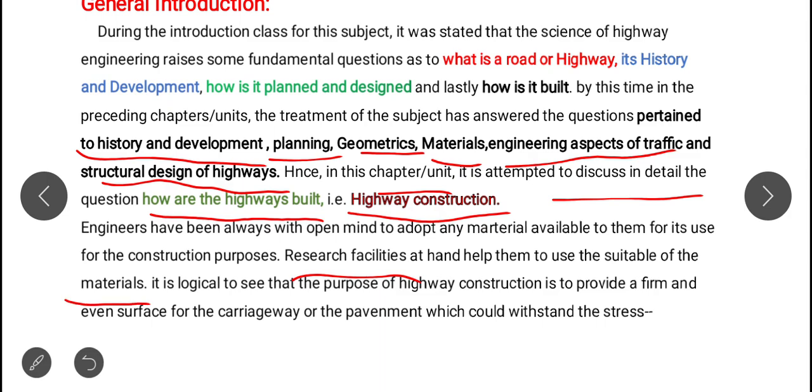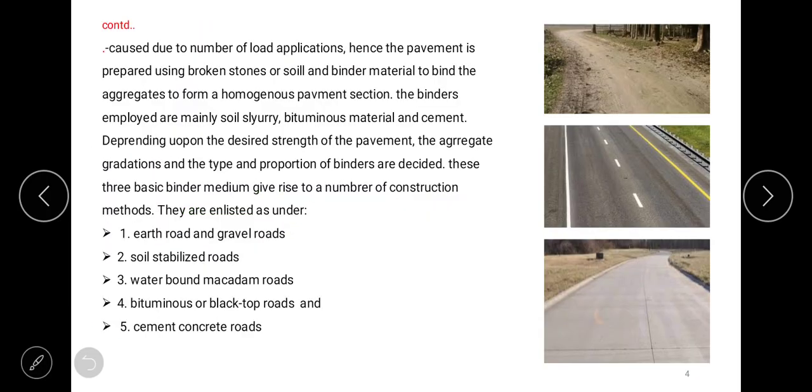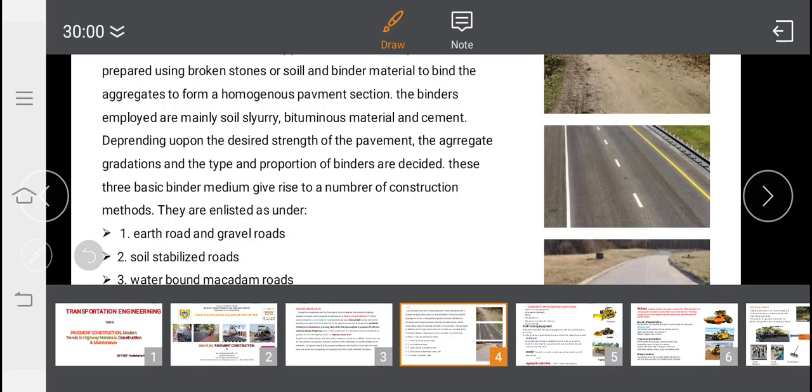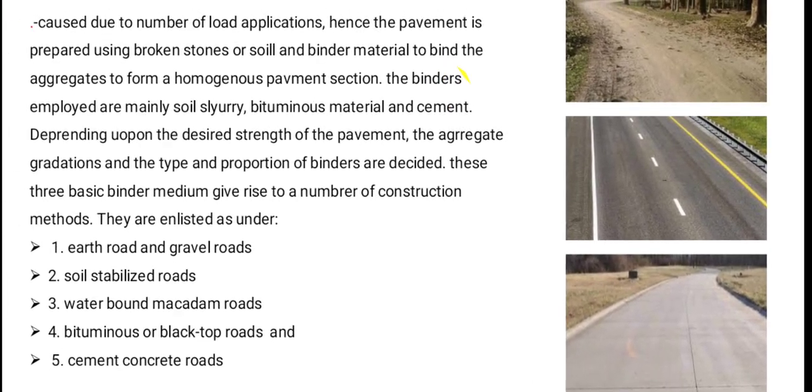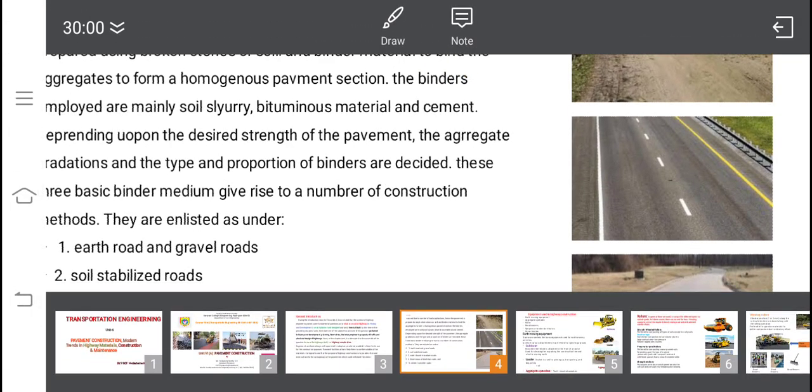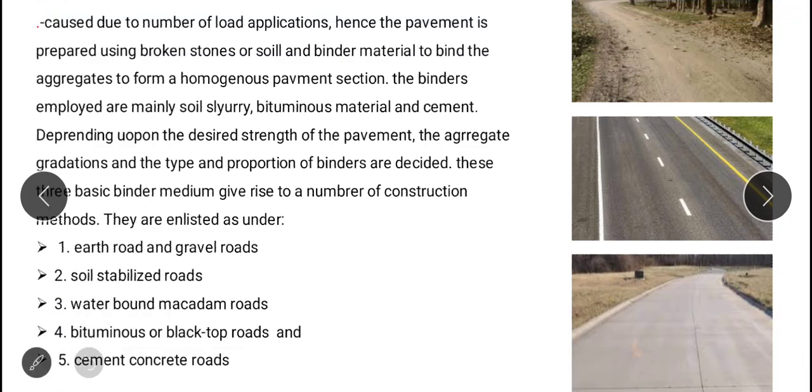It is therefore logical that the purpose of highway construction is to provide a firm and even surface for the carriageway or pavement which could withstand the stress caused due to a number of load applications. Not a single time, two times, but several load applications.